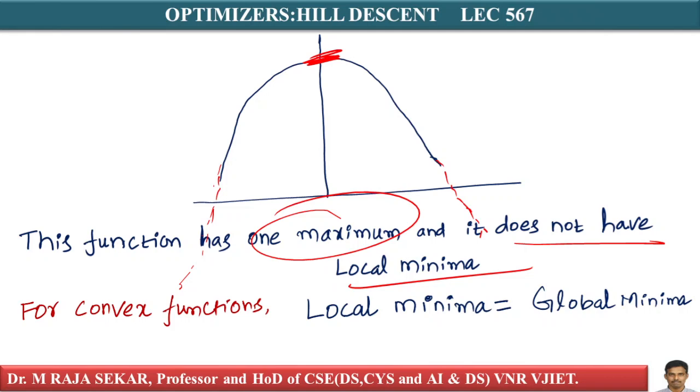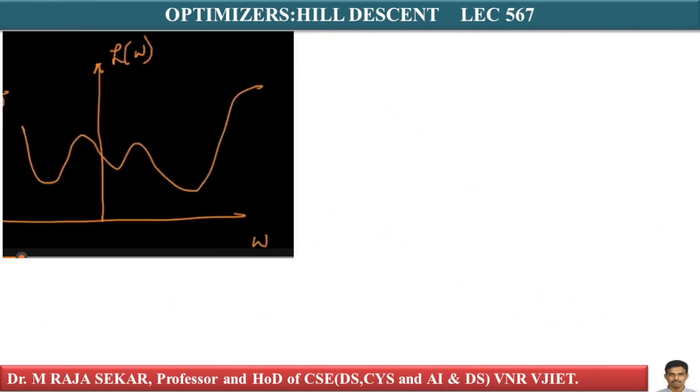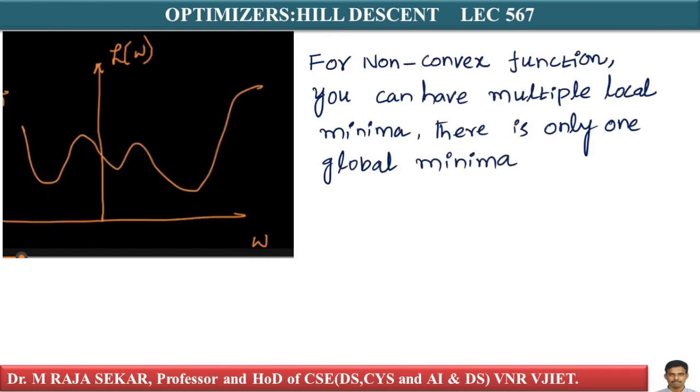For non-convex functions like this, you can have multiple local minima. Of course, there is only one global minima, but you could have multiple local minima. There is always only one global minima anyway. So that's the fundamental difference between convex and non-convex functions.